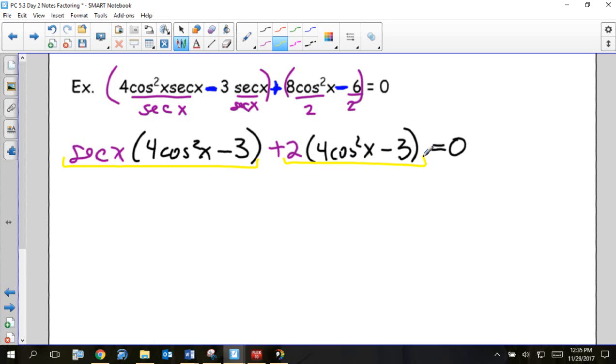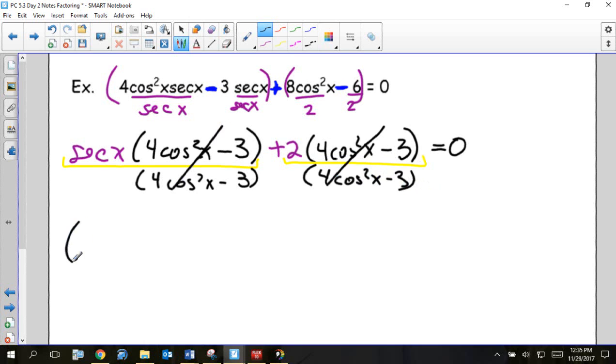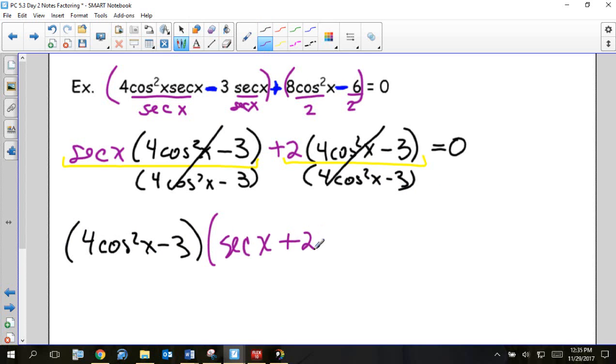Yes. That thing in parentheses, 4 cosine squared x minus 3. So I'm going to factor that out. That's now my GCF for my 2 terms. So it cancels out there, and I have 4 cosine squared x minus 3. And then what's left over is secant x plus 2.